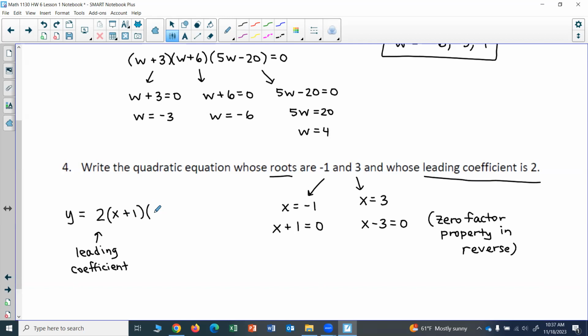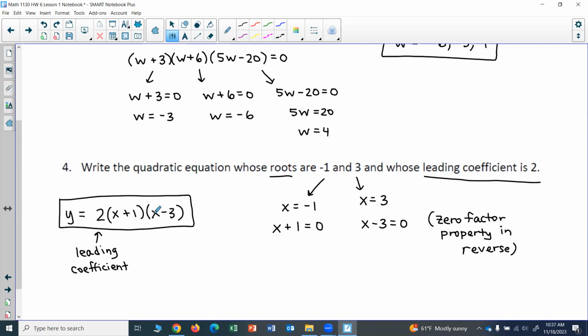And for the second factor, I'll put x minus 3. That would be my solution. So that would be the quadratic equation. Remember, quadratic means degree 2, and I have an x factor times an x factor. So I would end up with a degree 2 polynomial.